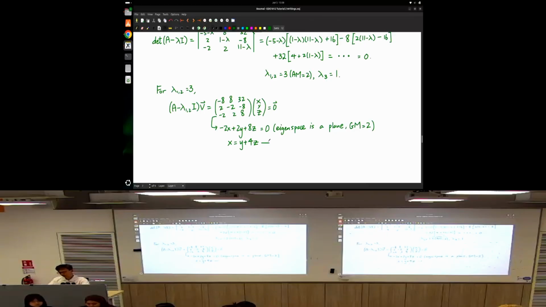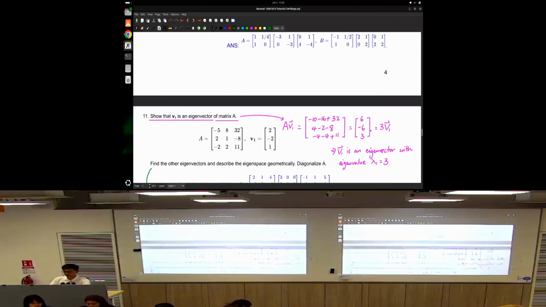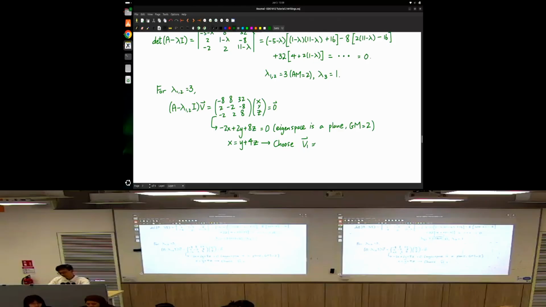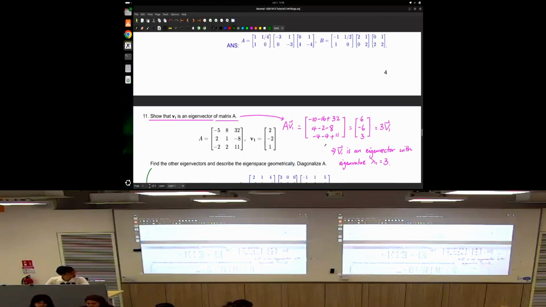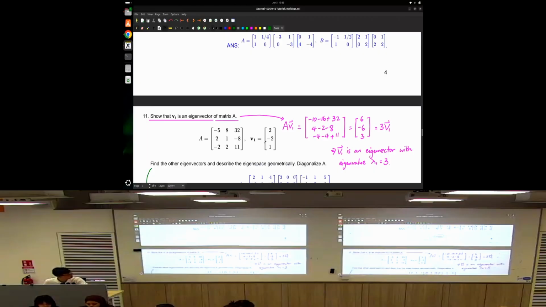So choose V1. But V1 is already 2, minus 2, 1, so there's no need to use this. You can choose your own V1, because the question may say to find other eigenvectors, describe the eigenspace geometrically, then diagonalize.